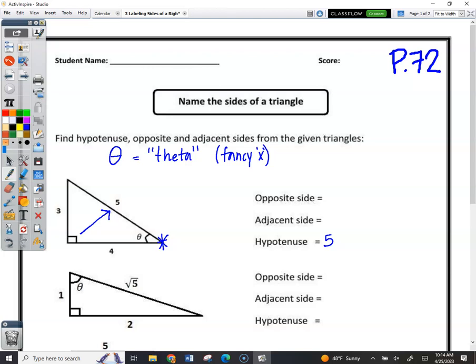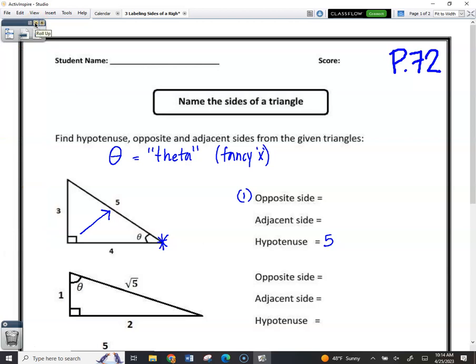It is always easier to label the opposite first from that little acute angle because it's going to be the one farthest away. Do you see how 3 is the farthest away, not touching the star angle? And then that leaves what right here?